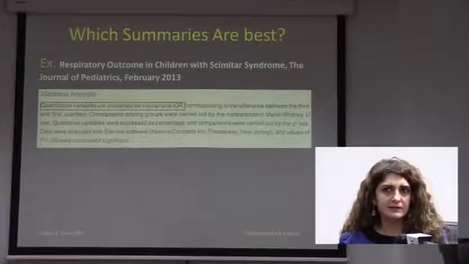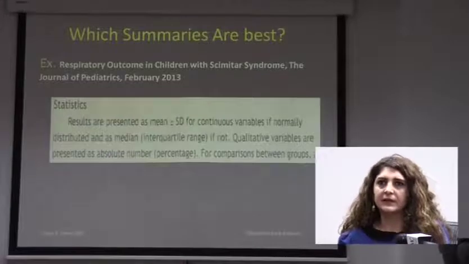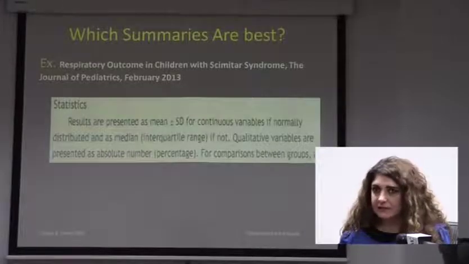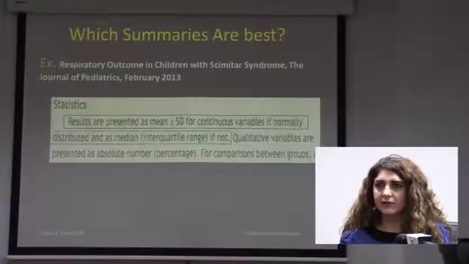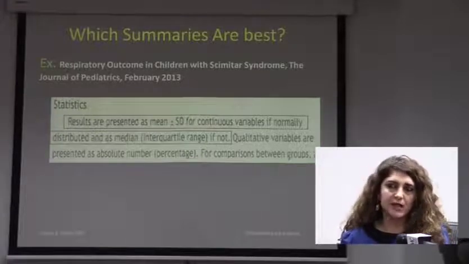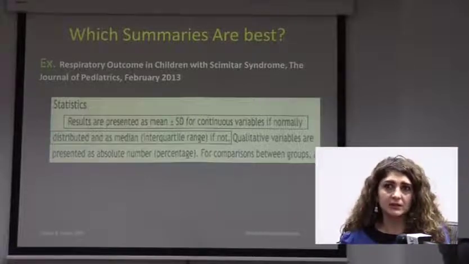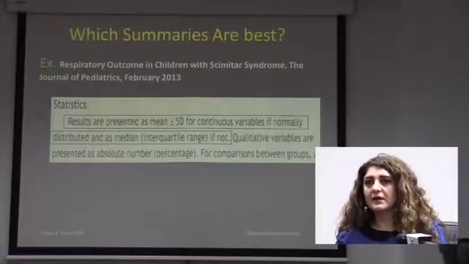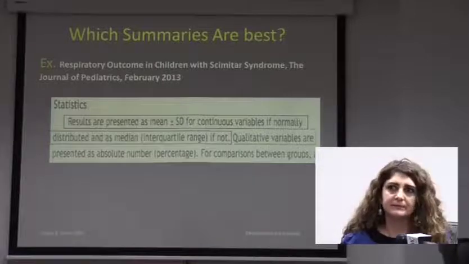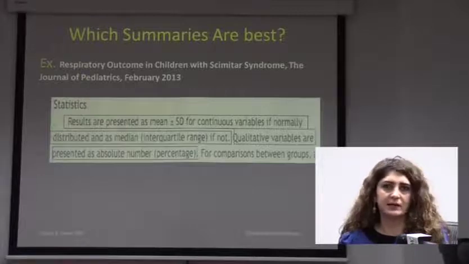Definitely, they again did the symmetry check, and the data was not symmetrical. If you look here, actually, it's very clear, and they're telling you that they used mean and standard deviation for continuous variables if the variables are normally distributed, which means symmetrical, and the median and interquartile range otherwise. And for the qualitative variables, again, it's about percentages and counts.